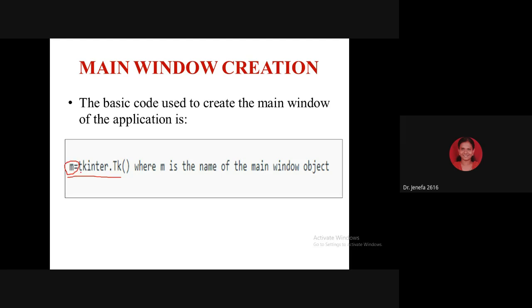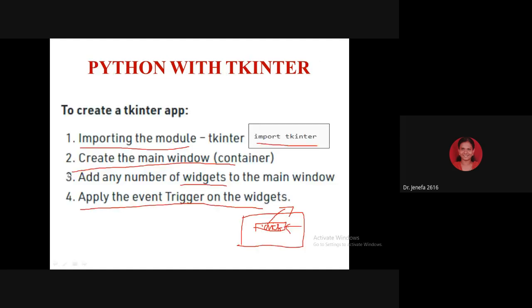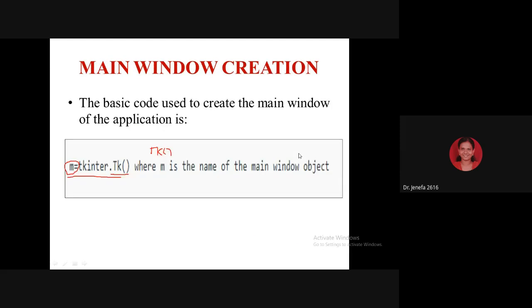So how do we create an object for the main window? m equal to tkinter.Tk. Tk is the function which is used to create an object for a main window. So the first step is to import tkinter, and the second step is to create a main window. For creating a main window there are two main steps.